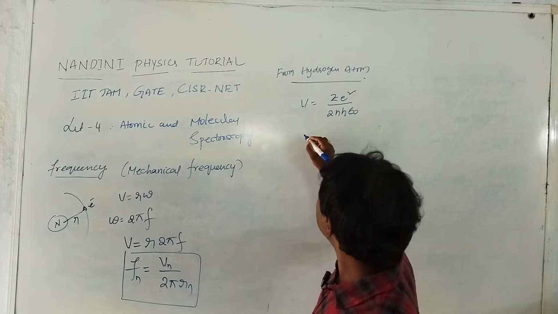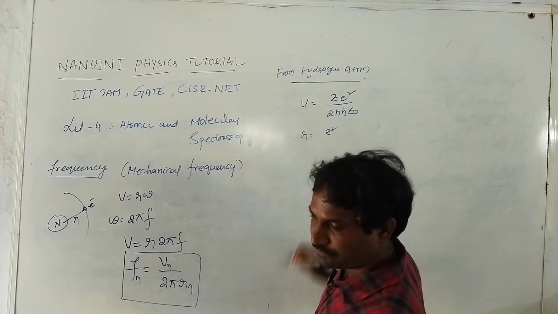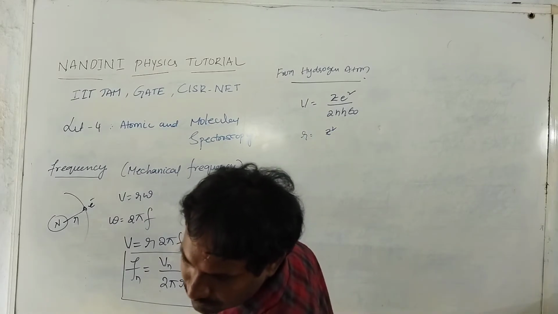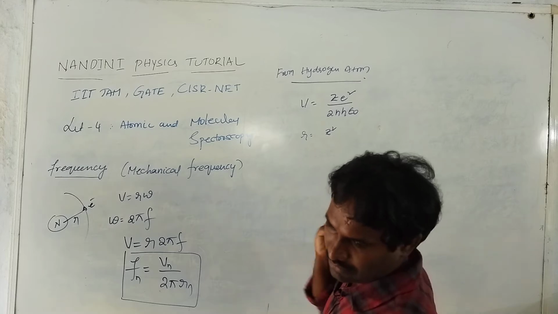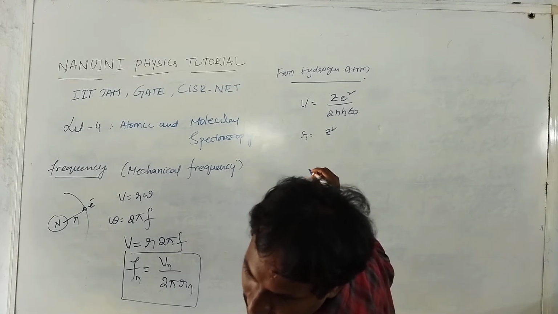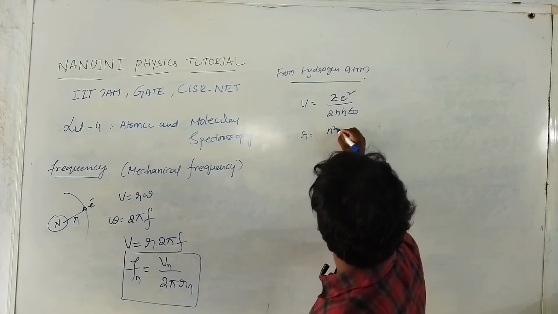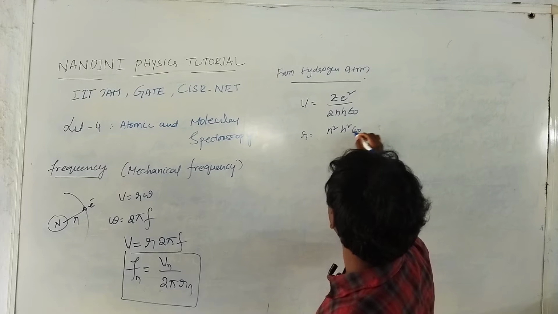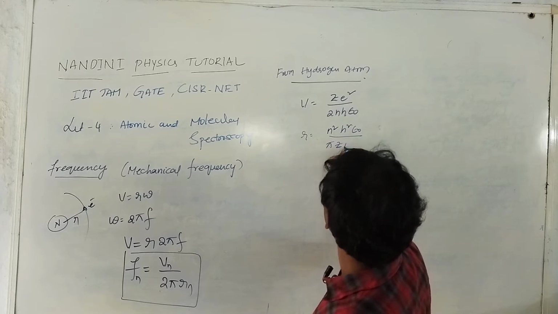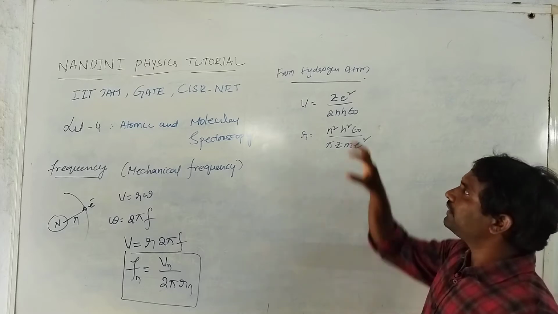And what is the radius? Radius r is equal to n square h square epsilon naught by pi Z m e square. So this is the radius and this is the velocity.